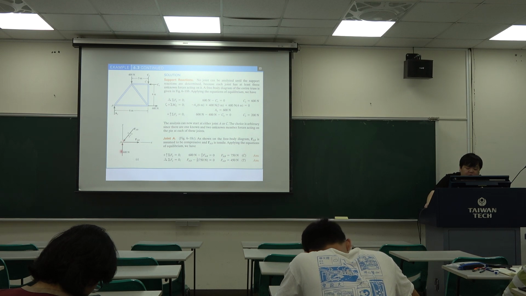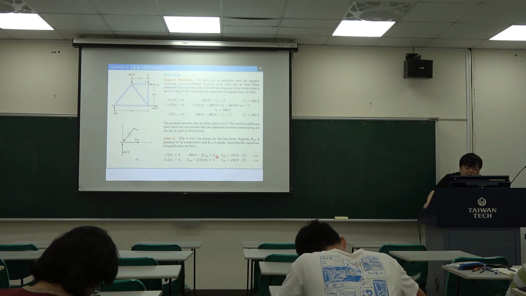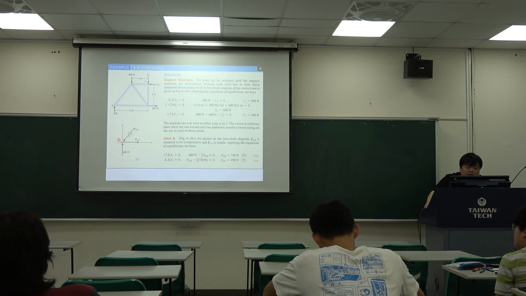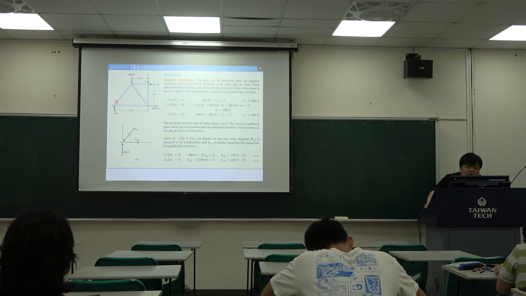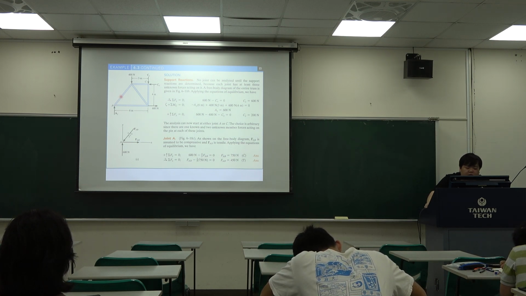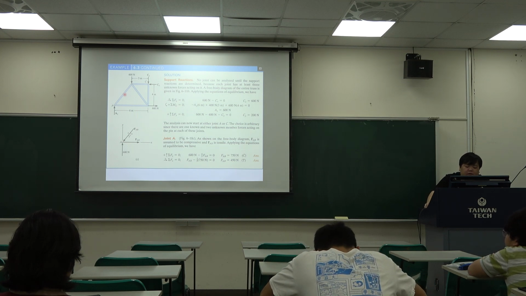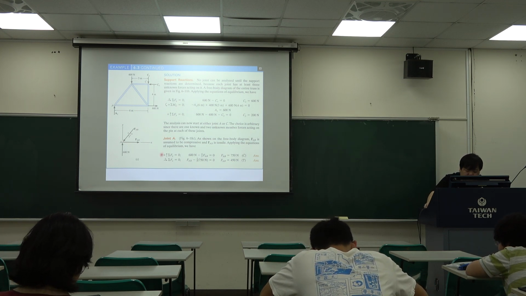So use this force, and this force times 4 divided by 5. Then summing these two is equal to 0. So FAB is equal to 715 Newton. Because of this direction, the truss will get this direction force. So the force is compression.